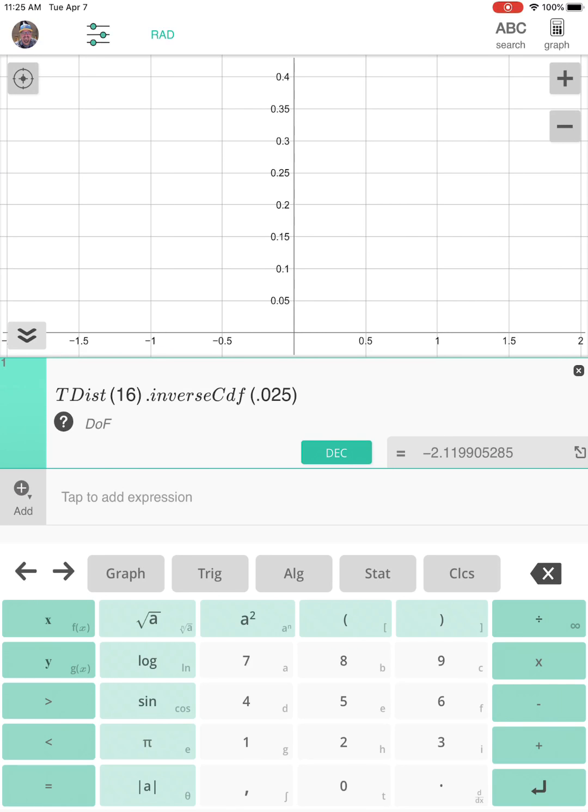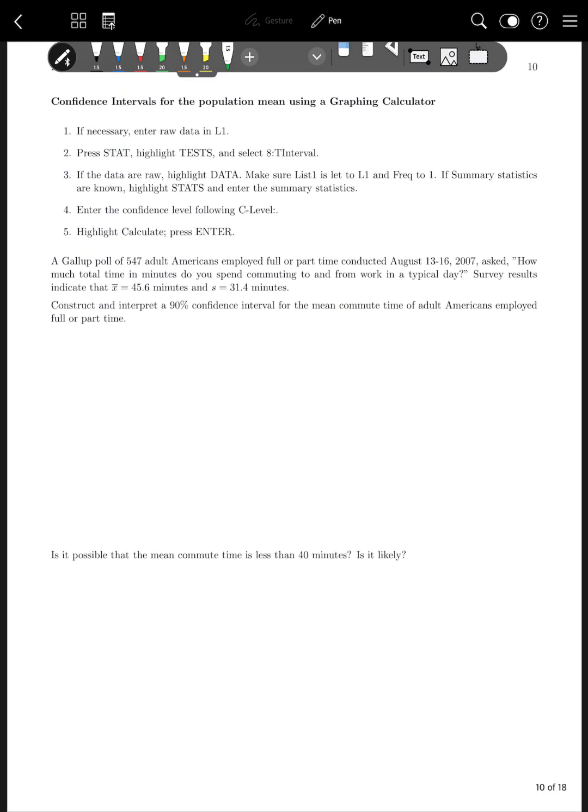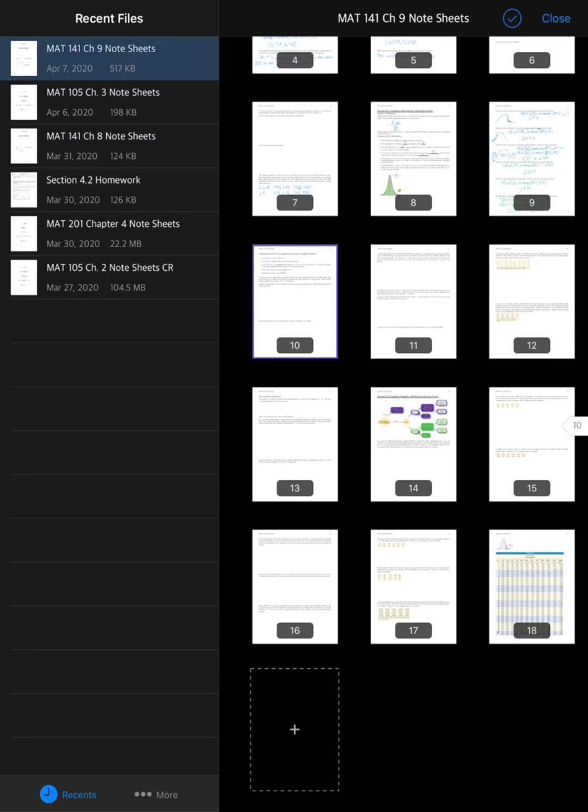So inverse CDF of 0.025 and 0.975. So we can put those in the calculator. And I forgot the degrees of freedom, so it's 16. And so we get negative 2.120. And if you put the other one in, you're going to get 2.120.